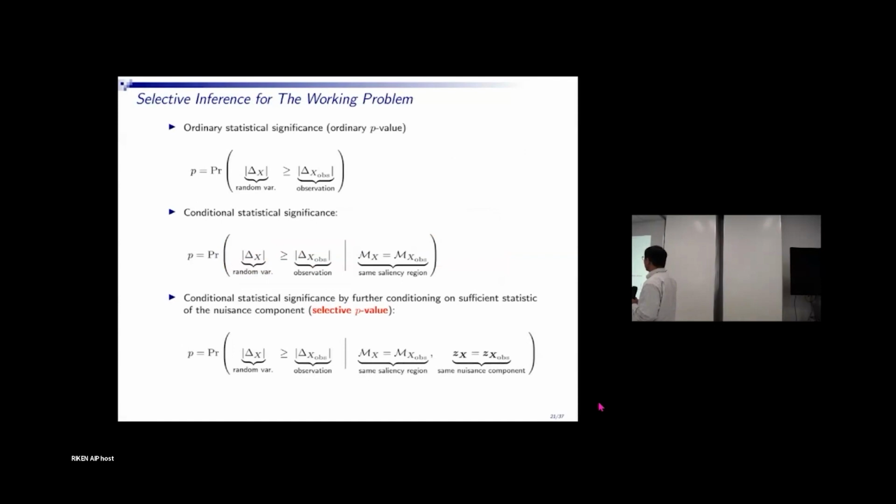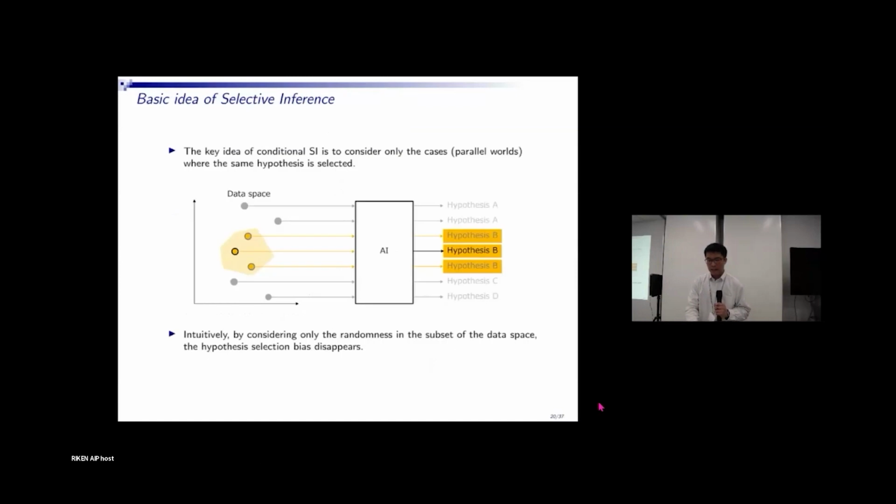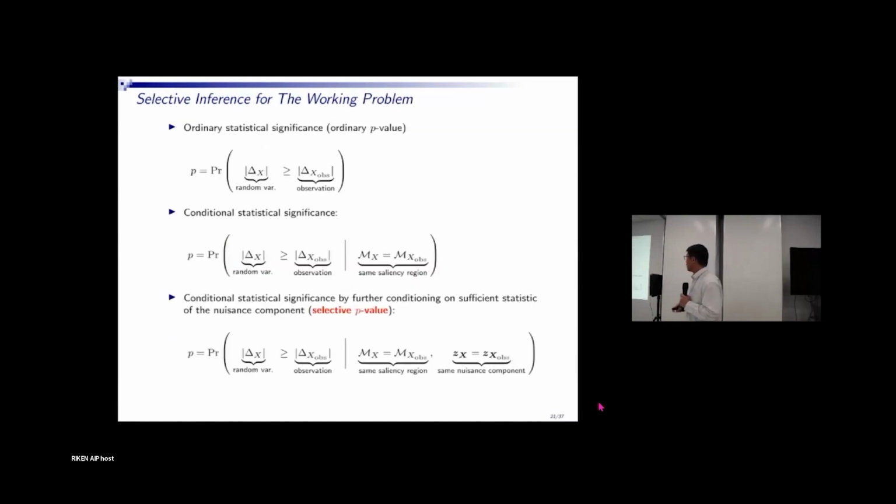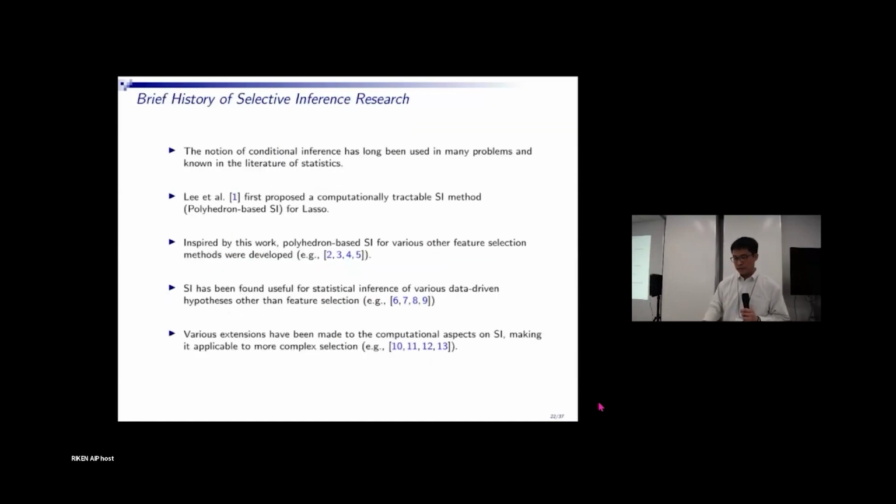And under the condition that the same saliency region is selected. So by considering this conditioning part, we are doing something like this. And technically, we need to condition on other things, something like the sufficient statistic's nuisance component. But anyway, conditioning is an important part of selective inference.